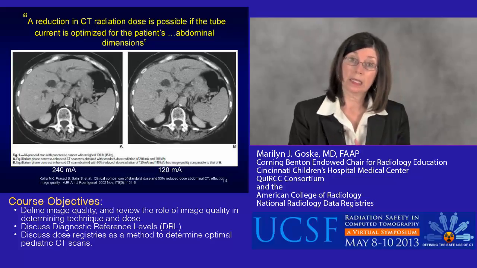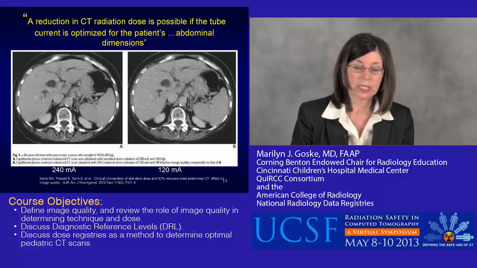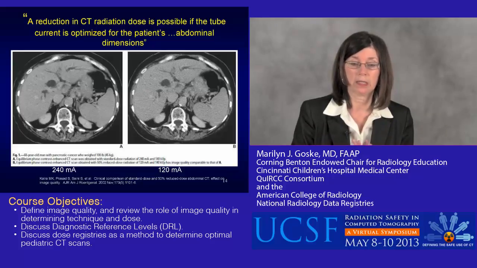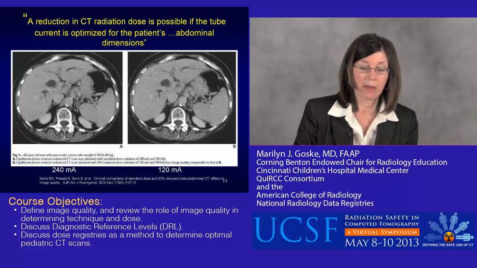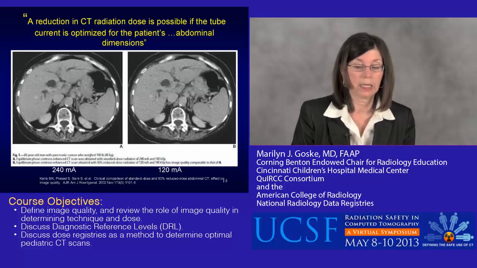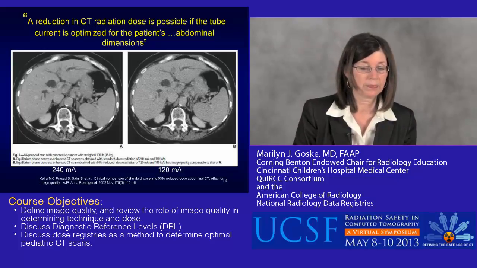He stated that a reduction in CT dose is possible if the tube current is optimized for the patient's abdominal dimensions. I think this was one of the first articles that really emphasized the idea that we could reduce technique for patients and still get diagnostic information.